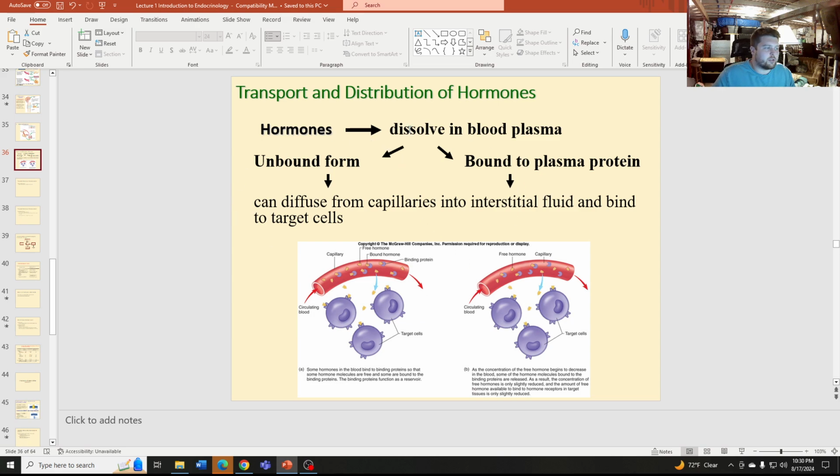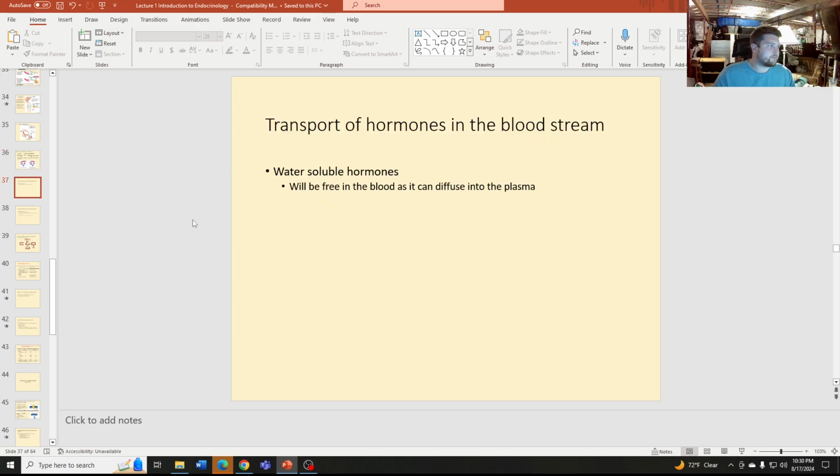So just reiterating the point, hey, it's through the blood that these travel, either unbound or bound to plasma protein. Most commonly, a majority of them are bound to plasma protein, is what most often we will see. But again, we'll go hormone by hormone. If there's anything else specific, then we'll mention that.